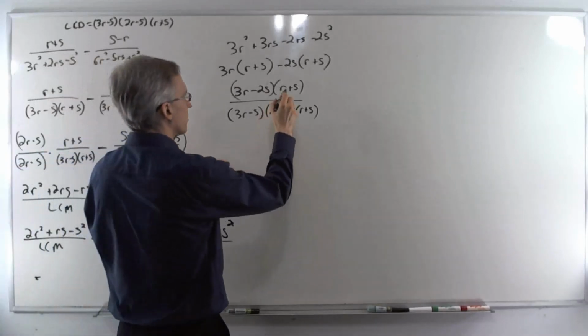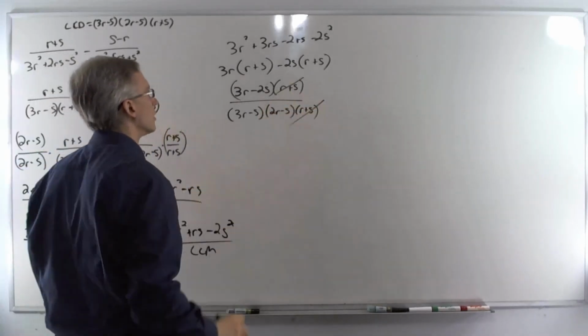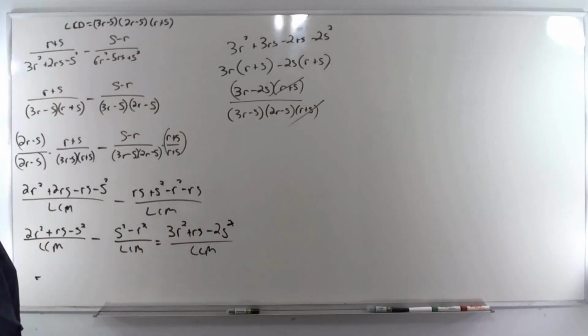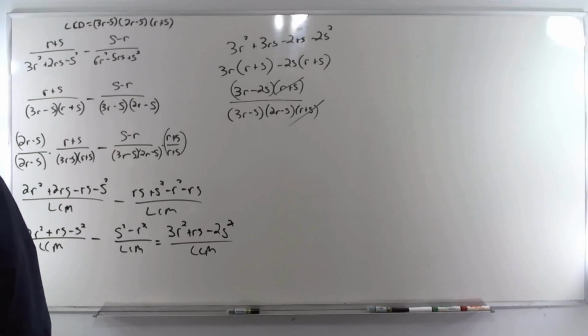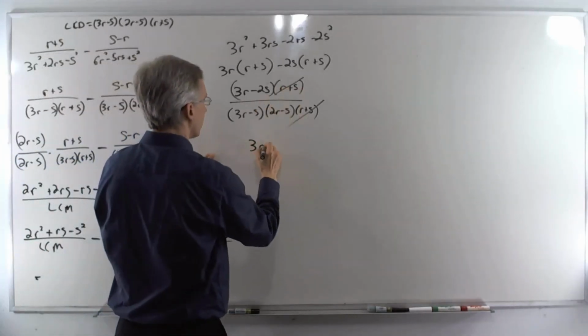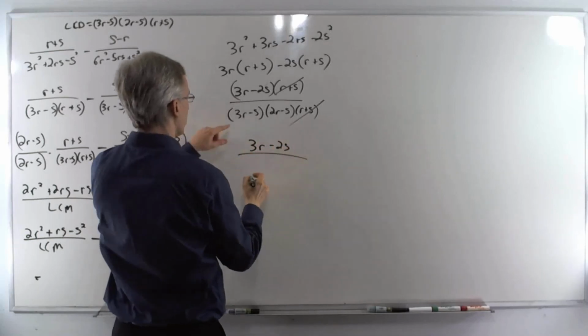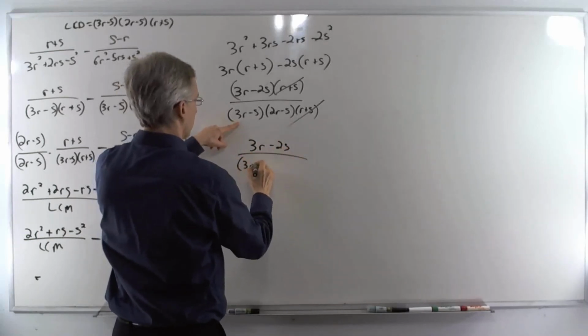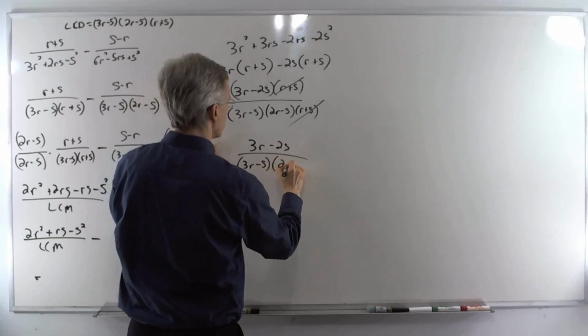We can cancel the r plus s. All right, and what remains? We have 3r minus 2s over 3r minus s times 2r minus s.